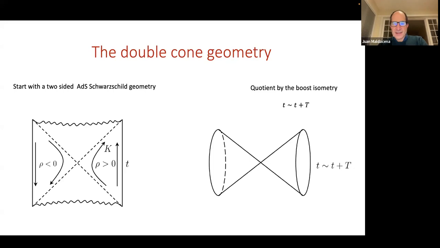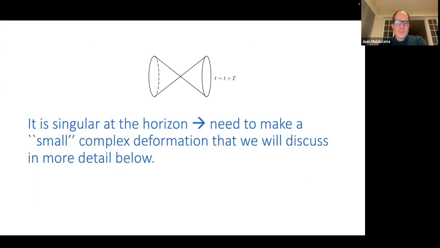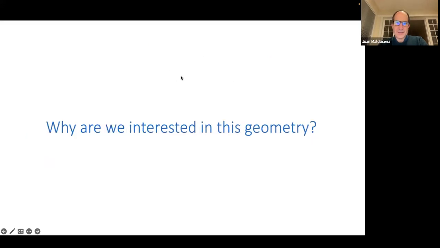So that's the geometry we'll be talking about. There is some kind of singularity here at the center. We'll have to deal with it, and that will be explained in the next few slides. We'll see that we will need to make a small complex deformation that we'll discuss in more detail.